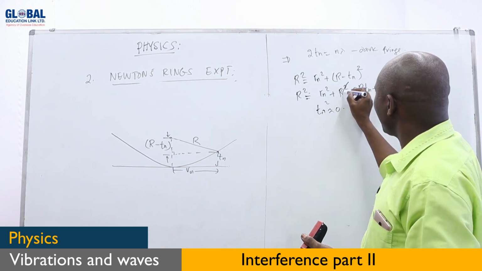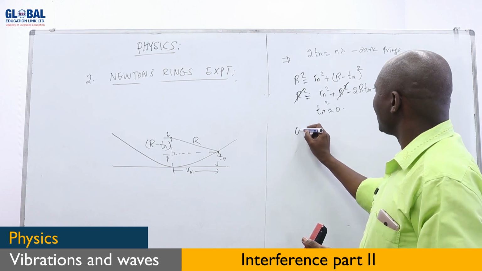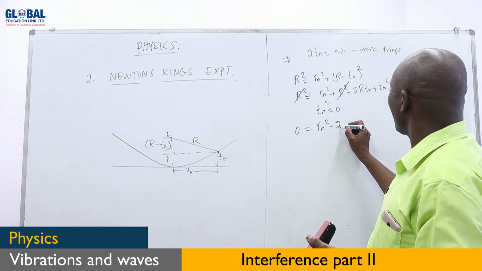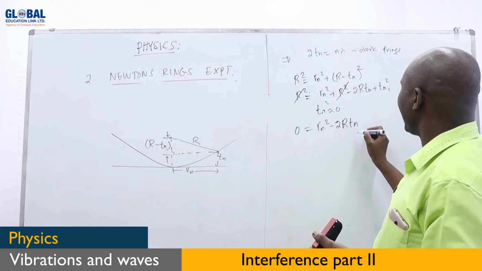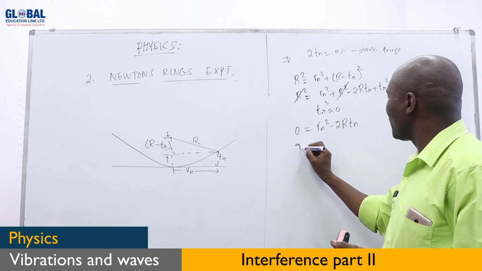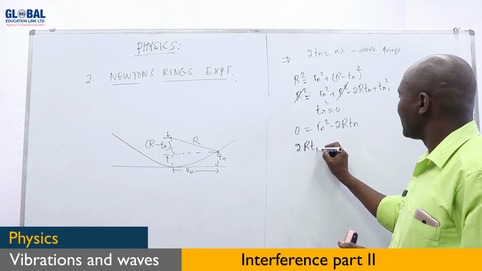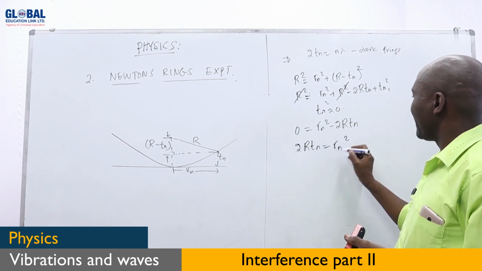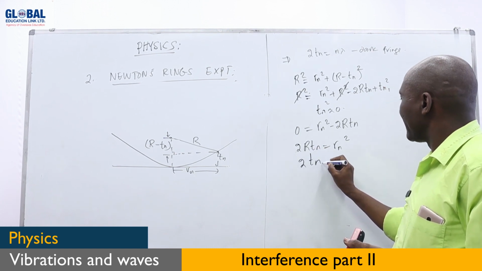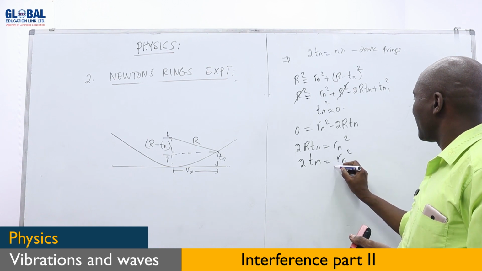And we cancel out, and then you have 0 equals Rn squared minus 2R Tn. So if you make the subject from this, you have 2R Tn equals Rn squared. And if you divide it by R, you have 2Tn equals Rn squared over R.